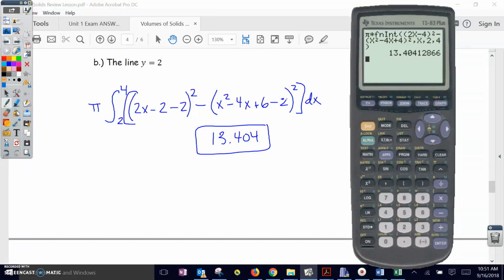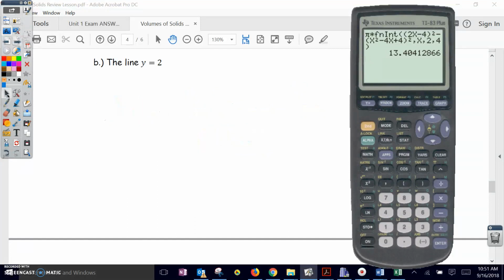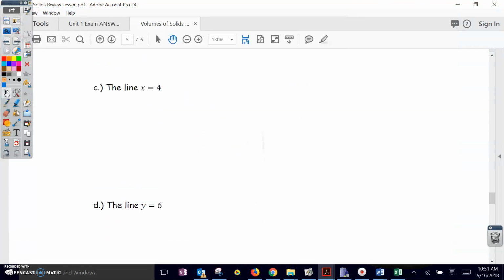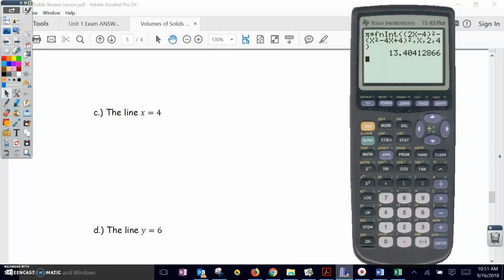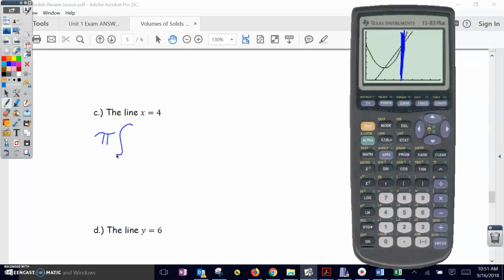Okay, let's move on to part C. We're going around the line x equals 4. Okay, and the line x equals 4 is parallel to the y-axis. And so I'm going to have pi times the integral from one end to the other.